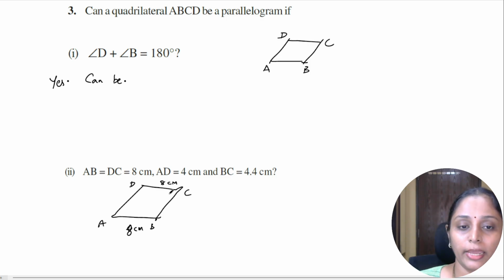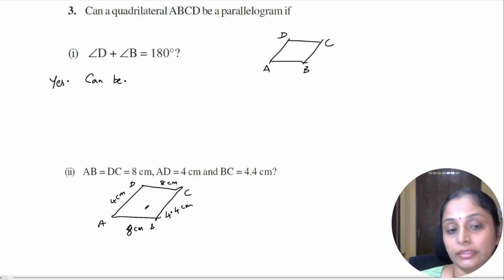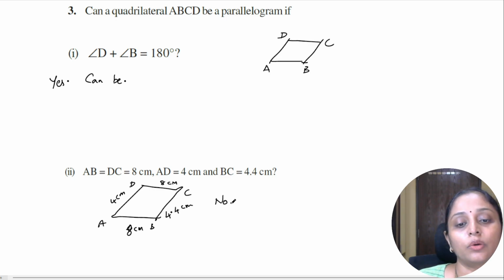What about AD? AD is given as 4 centimeters and BC is given as 4.4 centimeters. Now one pair is equal in measure, they do not talk about whether they're parallel or not, but the other pair of opposite sides is not of equal measure, and this is not possible in a parallelogram. So no, it cannot be a parallelogram.